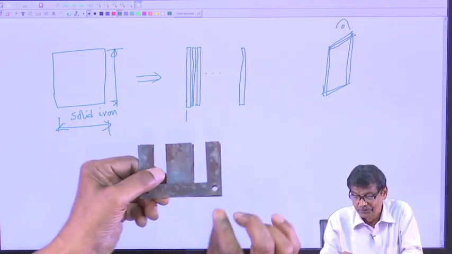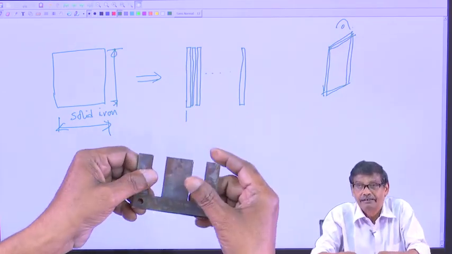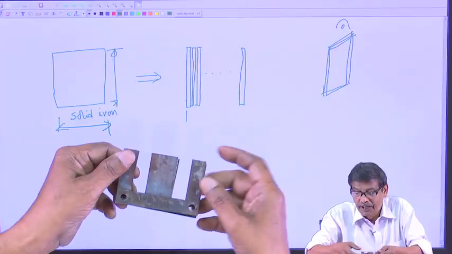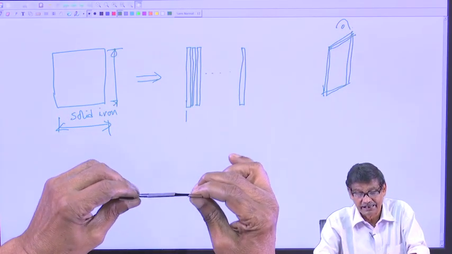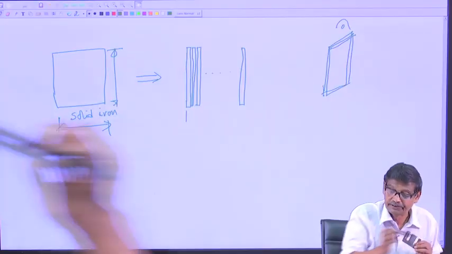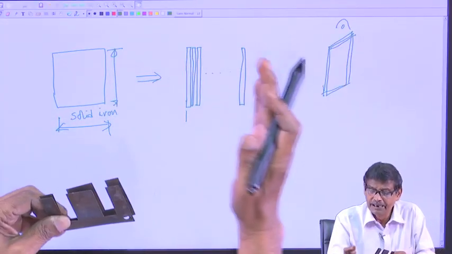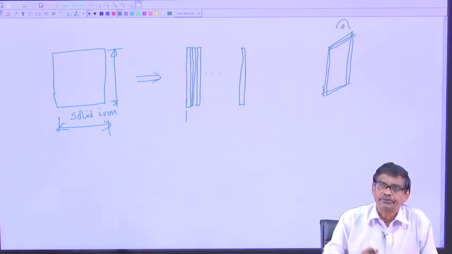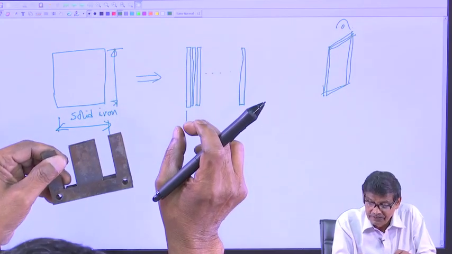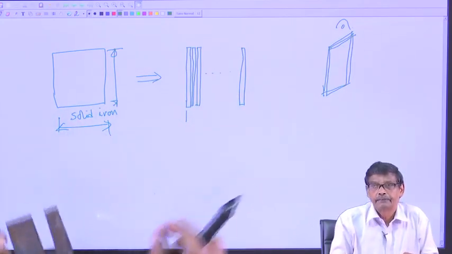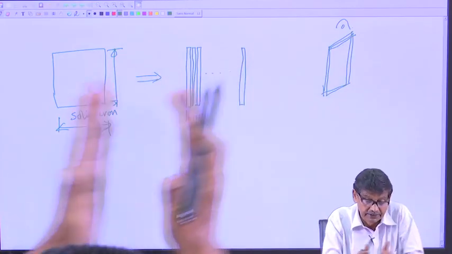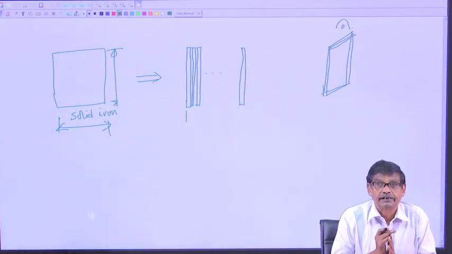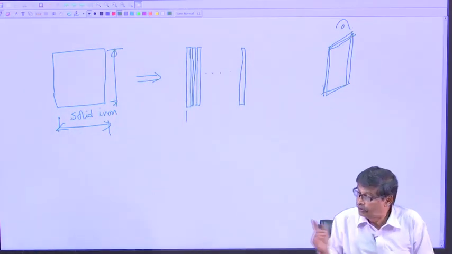I have brought only two, you can put several such plates to have a height here, that is the width of this magnetic circuit, this portion. So, many thinner plates of small thicknesses you use and stack them together instead of using a solid iron.